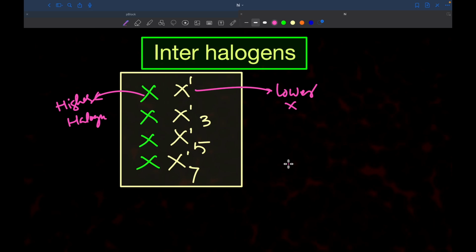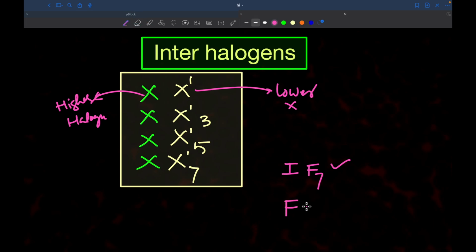For example, if I write IF7, so this is correct. My bigger halogen is iodine, fluorine is the smaller halogen, but you are not supposed to write FI7. आप नहीं लिख सकते. This is not possible.